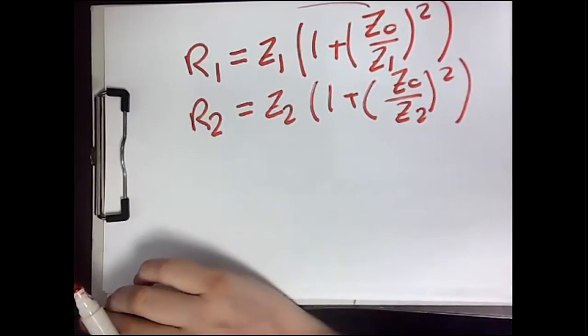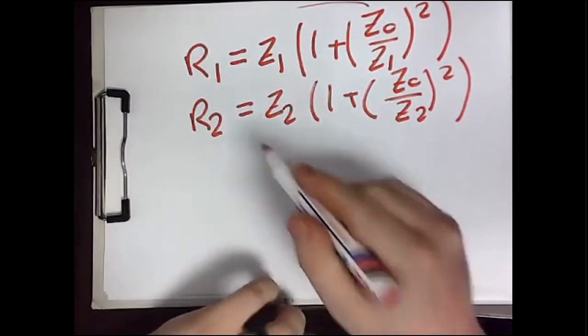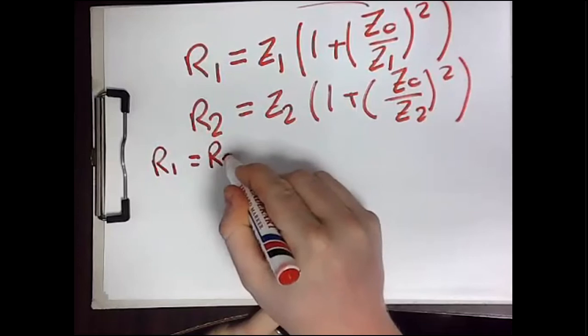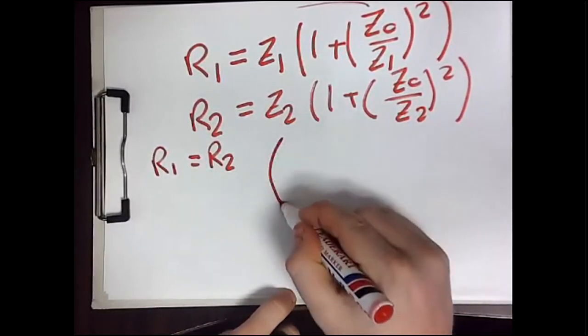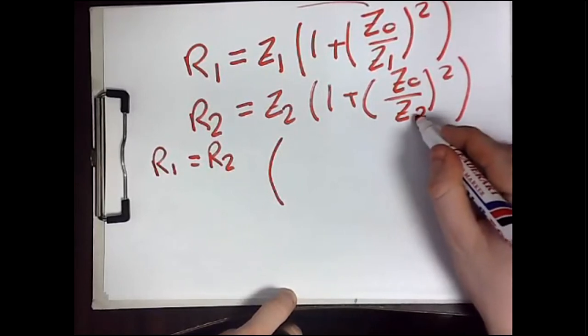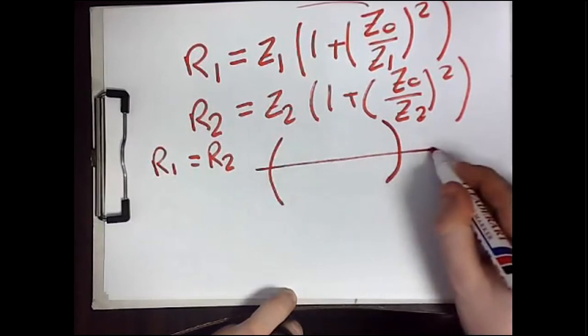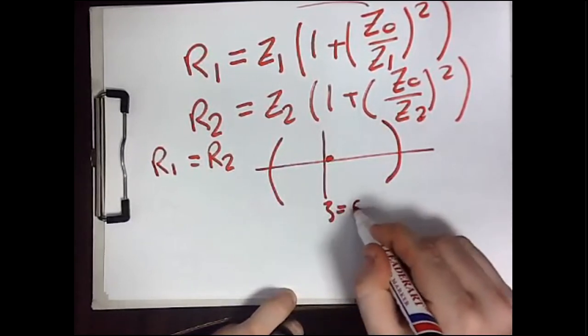In the first case, let's assume that both radii are equal, so R1 equals R2. This simply occurs if your cavity looks like that, and you assume the source is centered in the middle, so Z equals 0.